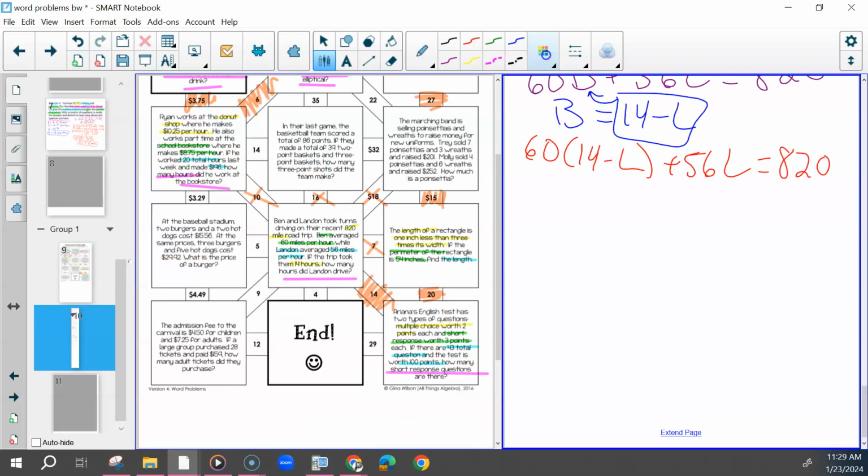And solve. You'll have to tell me what some of these numbers are.